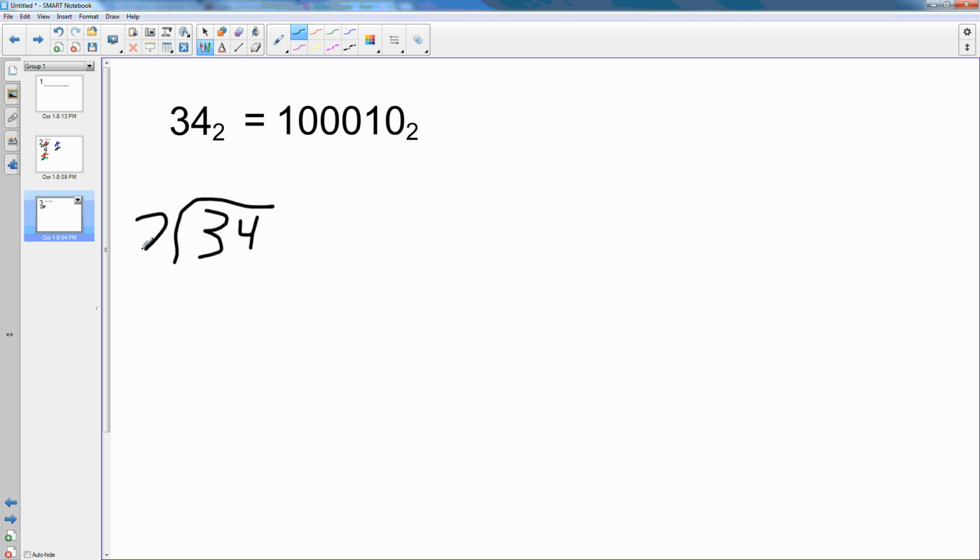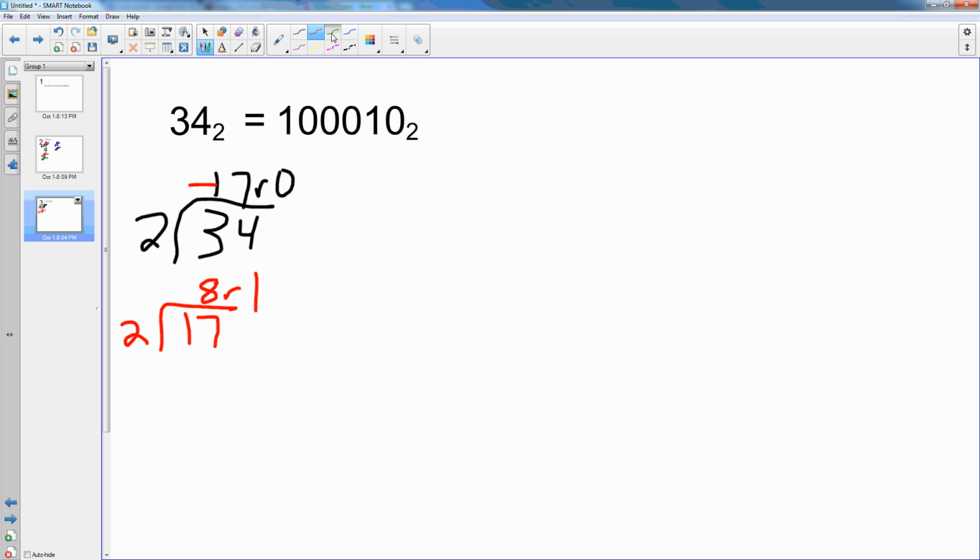2 goes into 34 17 times with a remainder of 0. Okay, so I'm going to take the 17 right here, and move it down, and divide by 2. 2 goes into 17 8 times, right, with a remainder of 1.